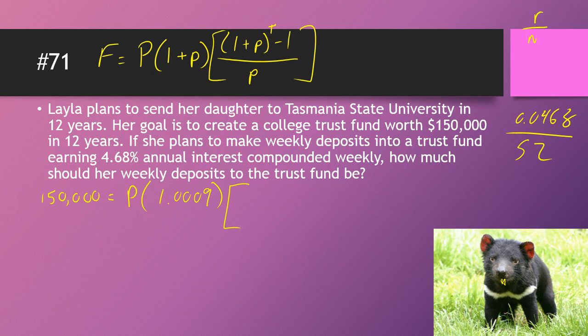And then in our brackets, we're going to have 1.0009 to the t, which would be 52 times 12, which comes up with about 624. Subtract that by 1. Put that all over 0.0009.